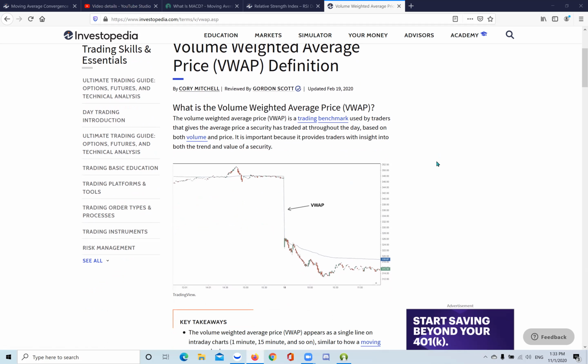The volume weighted average price is a trading benchmark used by traders that gives the average price a security has traded at throughout the day, based on both volume and price. It is important because it provides traders with insight into both the trend and the value of a security.